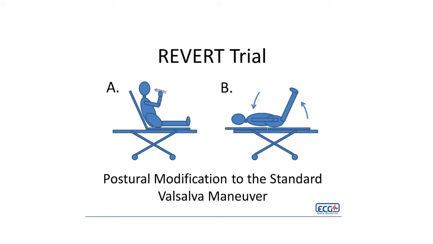The modified Valsalva is having the patient blow into a syringe, and then in about 15 seconds, going from an upright position to a down position and raising their legs. And patients converted almost 100% more in the modified Valsalva maneuver versus just the standard Valsalva.